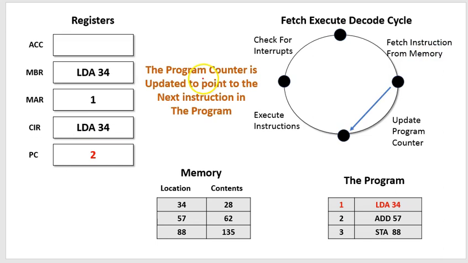Next, the program counter is now updated to point to the next instruction in the program. So we increment the program counter by 1. Previously 1, it now becomes 2. Everything else stays the same.